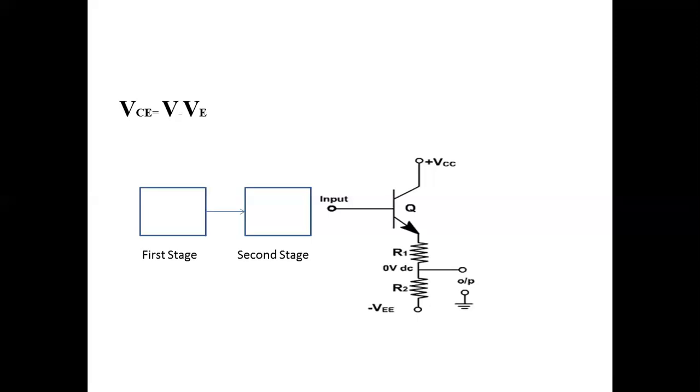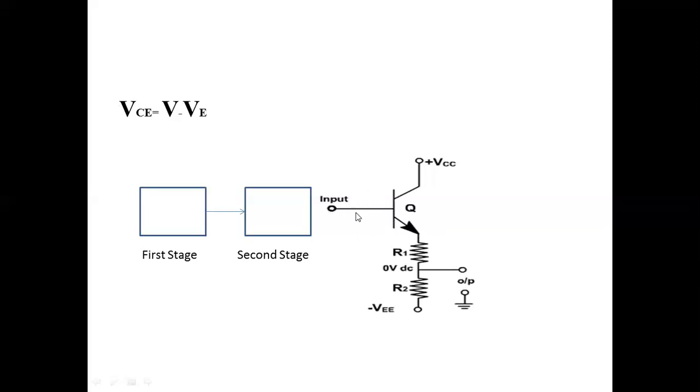Hence, the conclusion we make is that if this kind of situation arises, due to the VCE decrement your Q point is moving upward and your transistor is shifted into the saturation region, and whatever our basic aim of building the amplifier is going to collapse. This is just because some DC components are present.